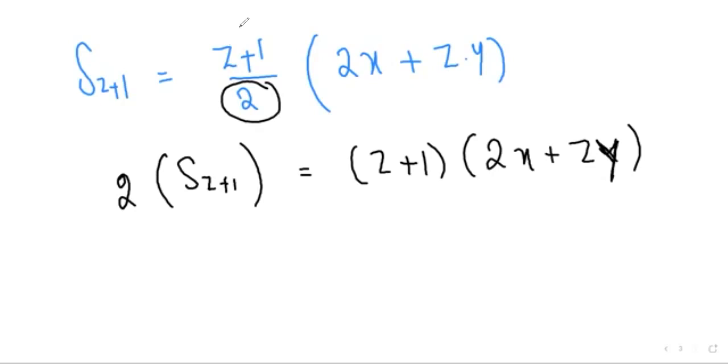So now let's consider this one. When it is z plus 1, we will have z plus 1 here. So if it would be z, then we can simply write z here.